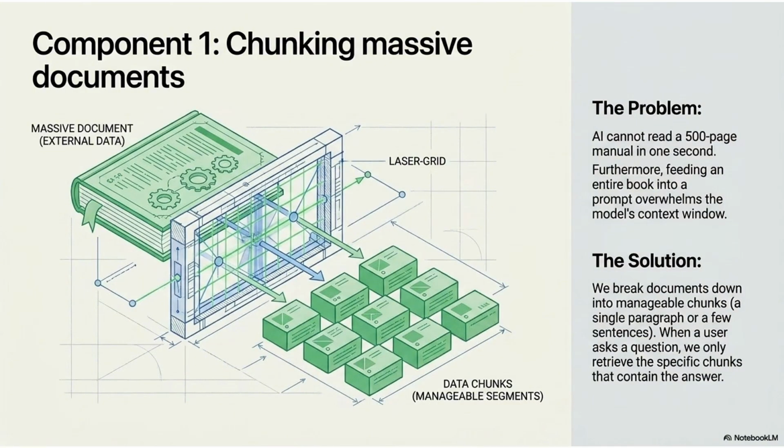That means breaking down the document into smaller pieces called chunks, which are usually some paragraphs or a few sentences. So how AI works with that is whenever a user asks something, it fetches only the chunk that is relevant to that information and answers the question through it instead of the whole document.